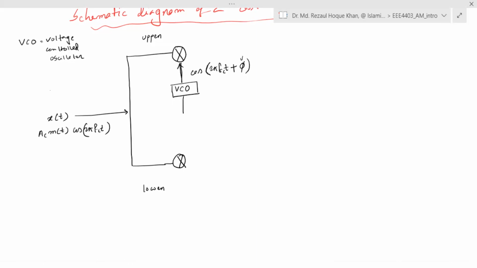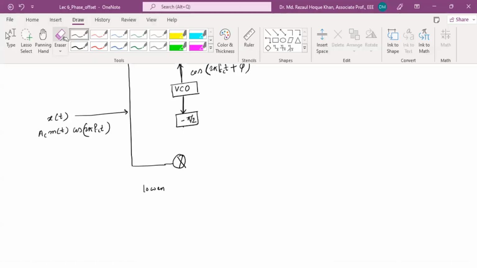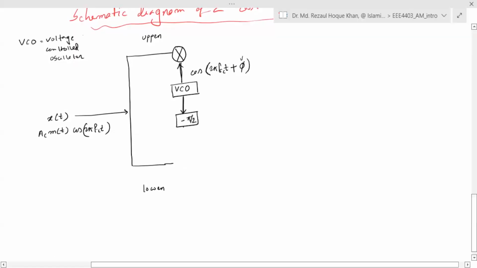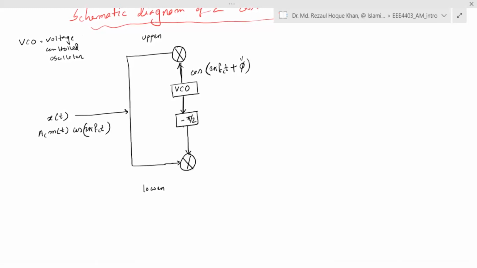So the other part of this VCO goes to a phase shifter, where a pi by 2 phase shift occurs, and it goes to this demodulator. So in this demodulator, the locally generated carrier is phase shifted, and eventually becomes sin 2 pi fc t plus theta.